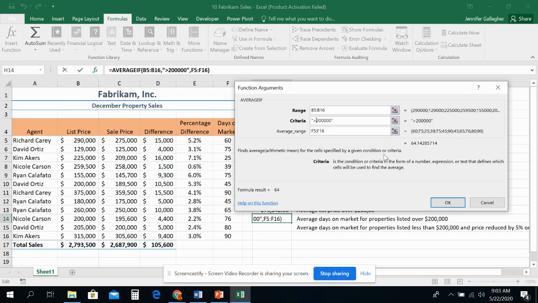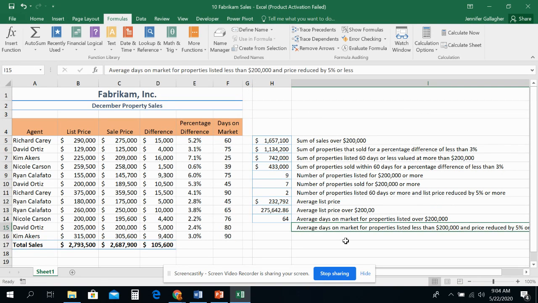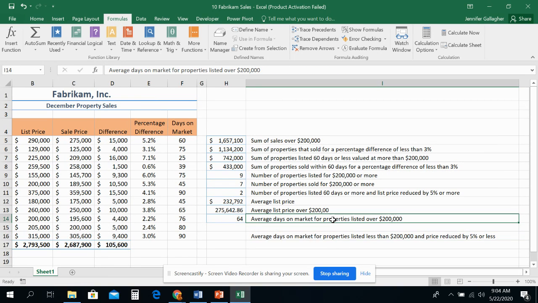And I'm going to show you something else too, just so you can see what I'm messing around with here. But they want it over 200,000. So I press OK, and I have an average of 64 days. Now I'm going to move this one down here. I'm going to show you what one slight word can do. So I'm going to copy and I'm going to paste.